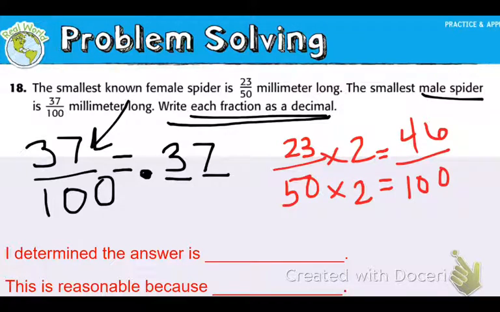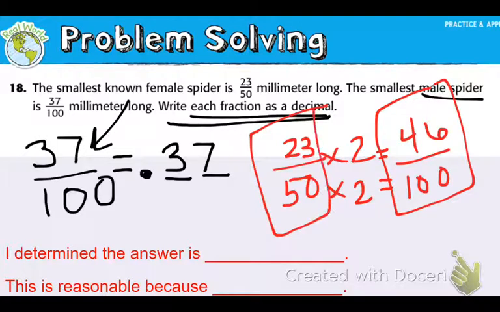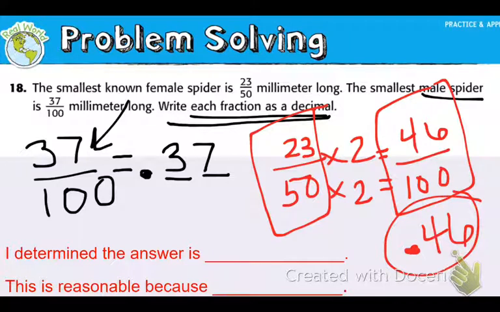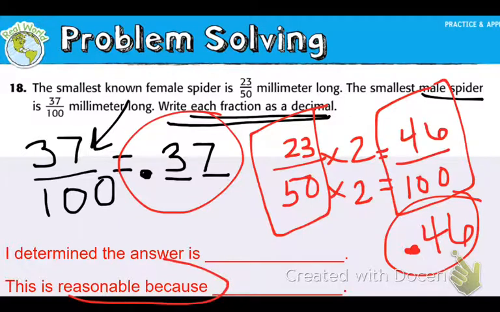So 46 hundredths has the same value as 23 fiftieths. Can I now make it a decimal? Absolutely. 46 hundredths is the size of the female spider. It looks like the female spider is larger than the male spider. It's reasonable because I created an equivalent decimal.